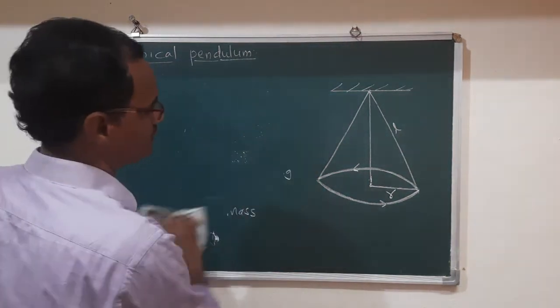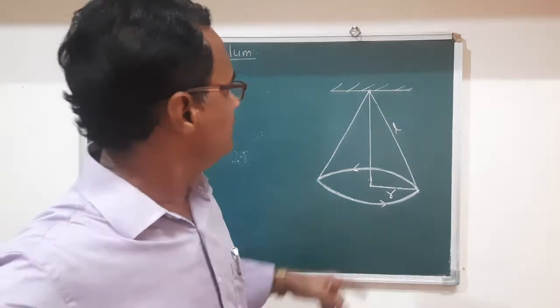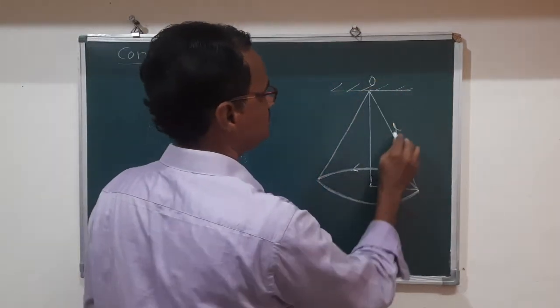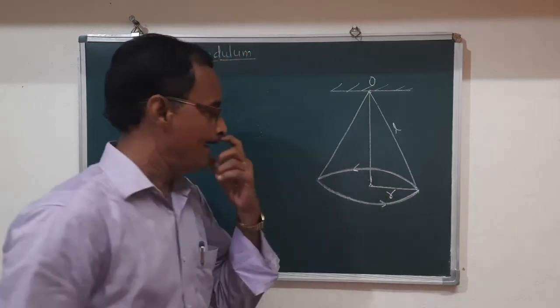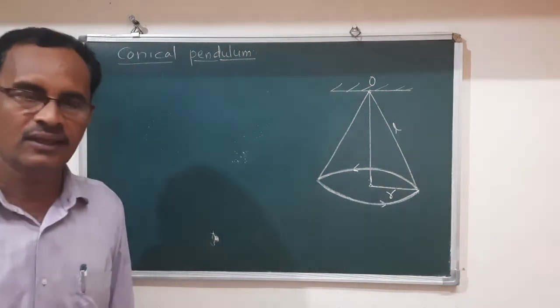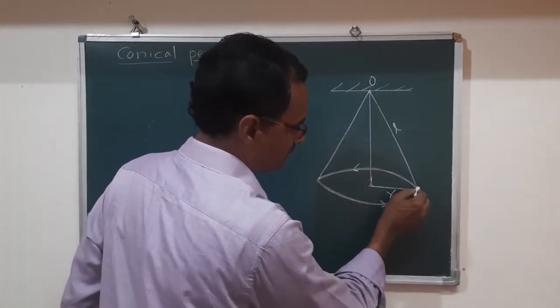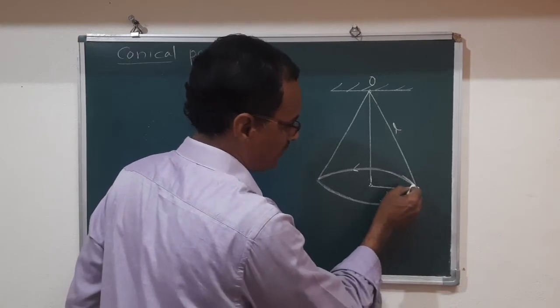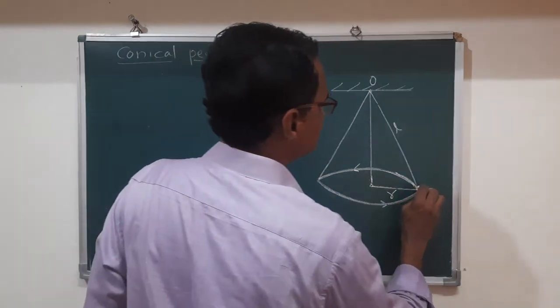Now, the conical pendulum consists of this string and this arrangement. Here is the point of suspension, here is the length, this is the center of curvature, and this is the radius of curvature.